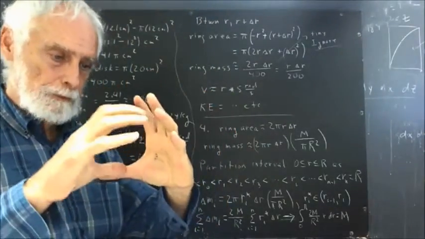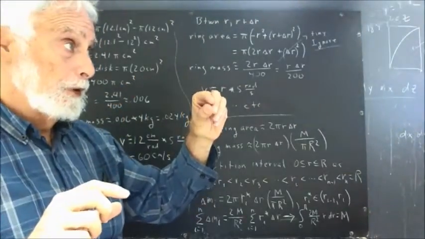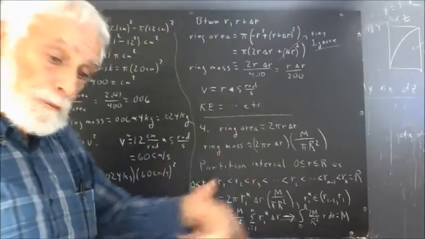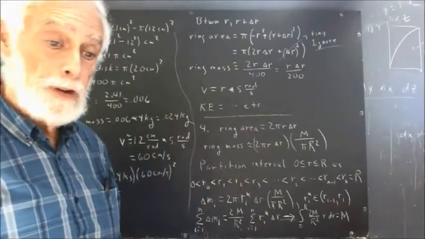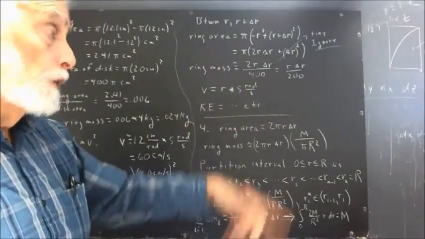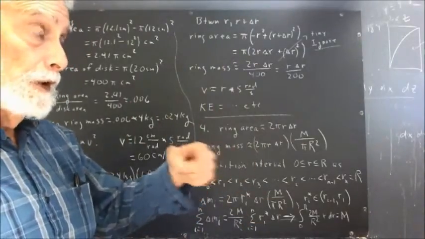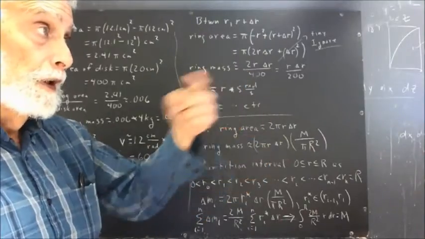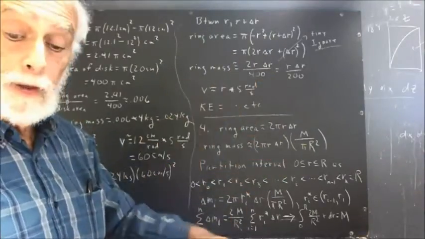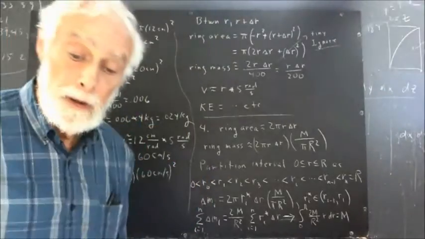So we want a ring about this big around and quite thin, just a millimeter thick, out of that disk, and we want to find its kinetic energy if this whole disk is rotating at 5 radians per second, 5 radians per second being the best part of a cycle per second, about this fast. Okay, so what's the kinetic energy of the mass just in that one little ring?